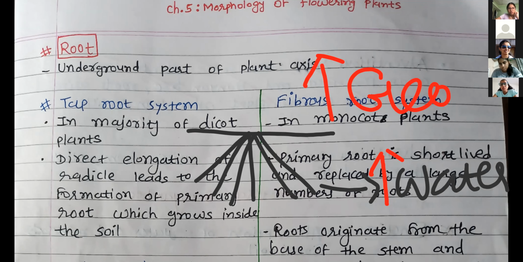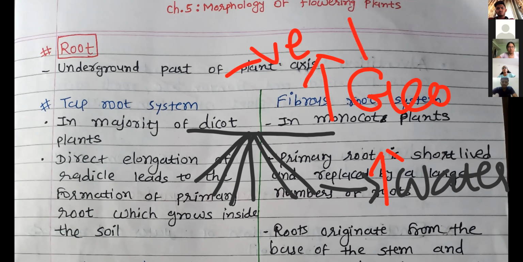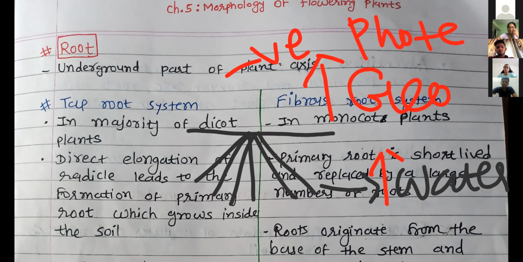Away from the light, yes. Roots are growing away from the light, so that's why we call them negatively phototropic. Negatively phototropic, positively geotropic, positively hydrotropic. Remember.